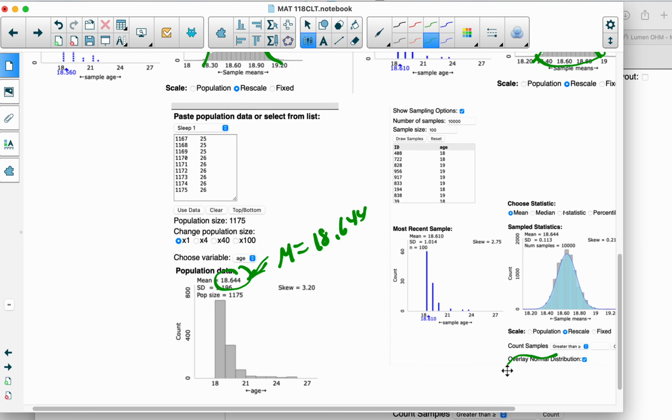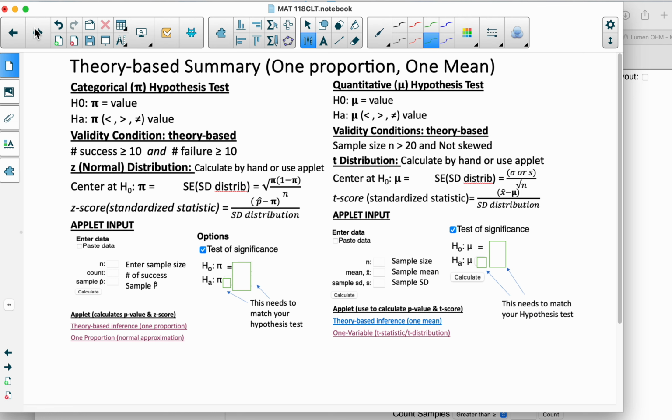If I overlay the normal distribution, we can see how that looks here. So the bottom line here is that whether I'm dealing with categorical data or quantitative data, my sample size has to be big enough.